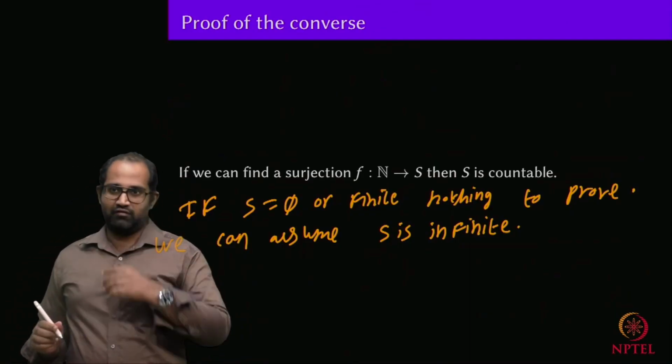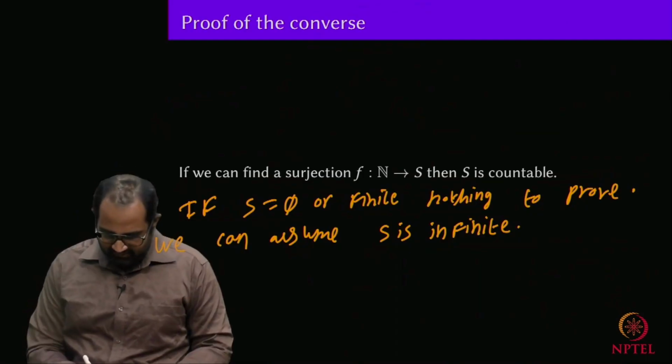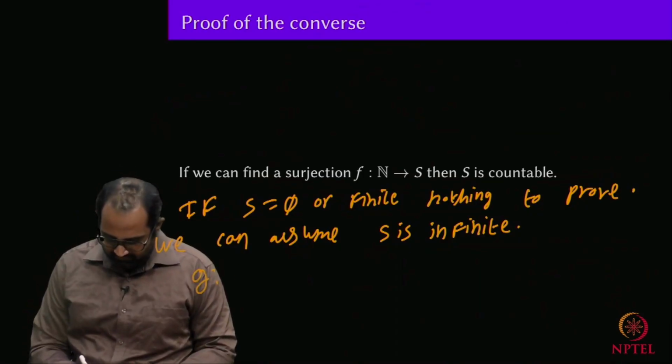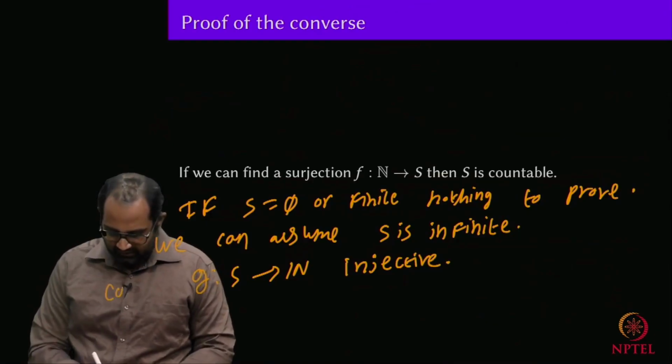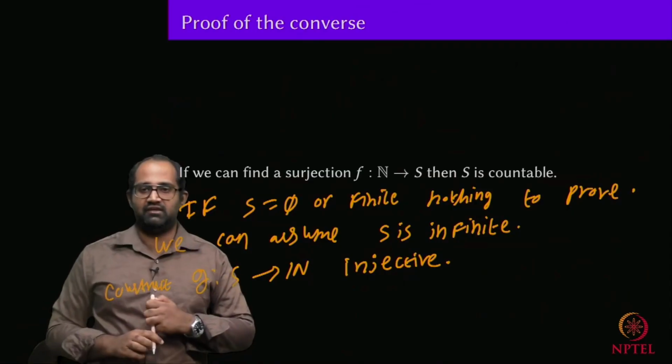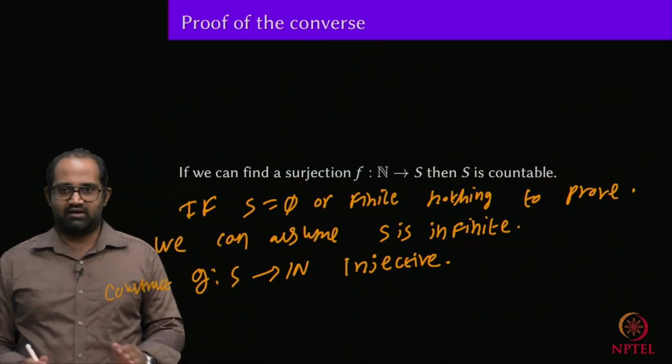So, what we do is the following. We construct a map G from S to N that is injective. That is what we are going to do. How do we construct this G?